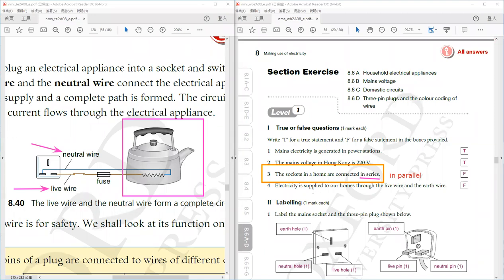Okay. Therefore, I want you to write down the wrong answer is earth wire here. You should say this should be neutral wire.